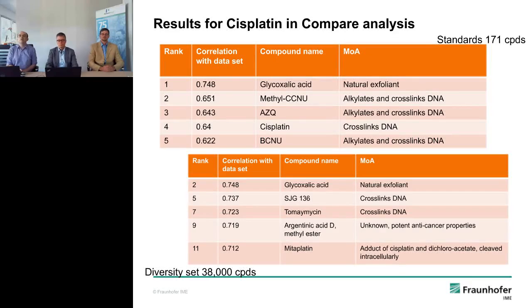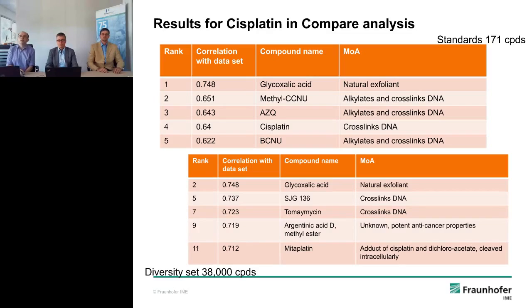How can we see this in a large-scale analysis? Here's an example where we've taken cisplatin results and compared the profile over 35 cell lines. At the top panel, we're comparing against a set of 171 compounds in the standard data set within the COMPARE analysis.